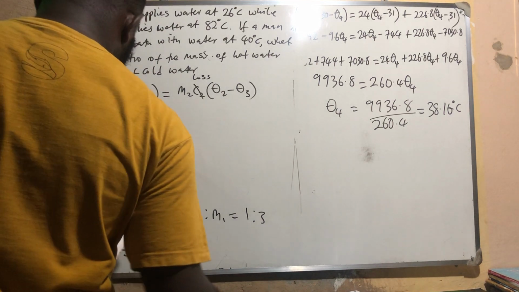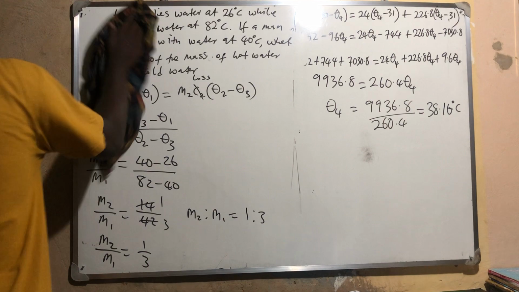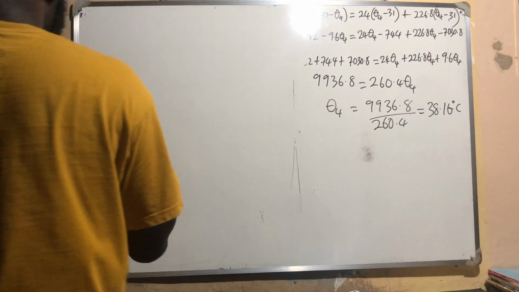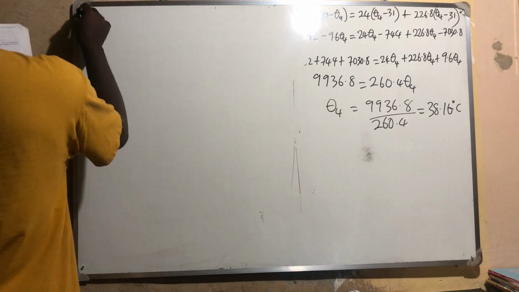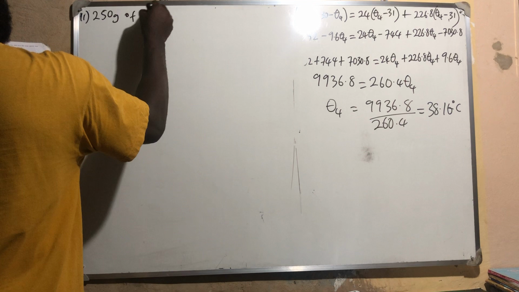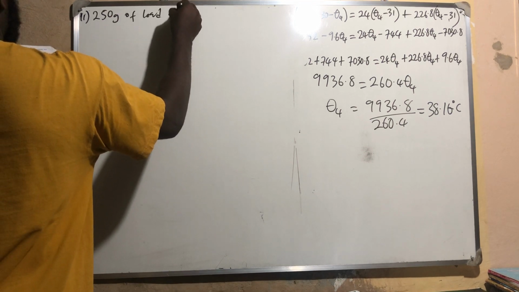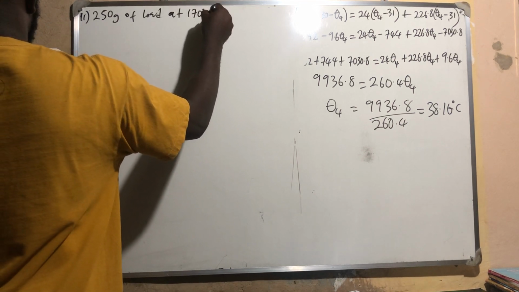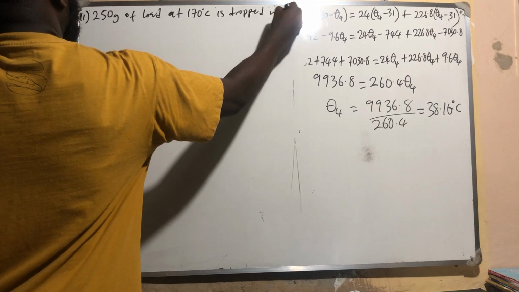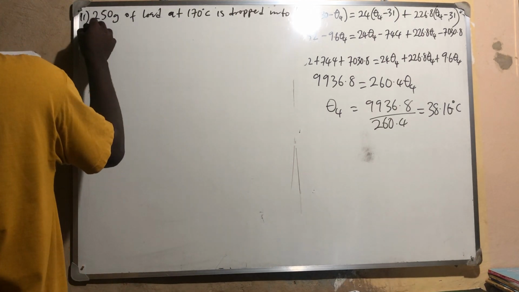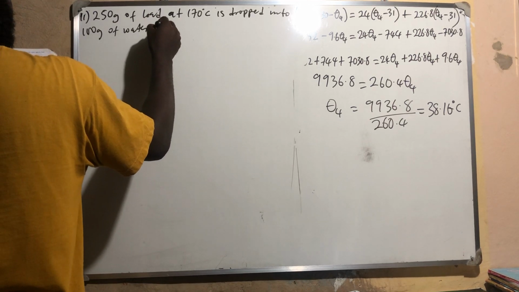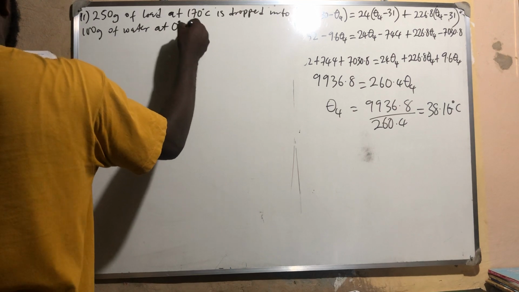Okay? So the last question we're going to solve, in fact, this is going to be your assignment. You tell me the answer in the comment section. Question number 11: 250 grams of lead at 170 degrees Celsius is dropped into 100 grams of water at 0 degrees Celsius.